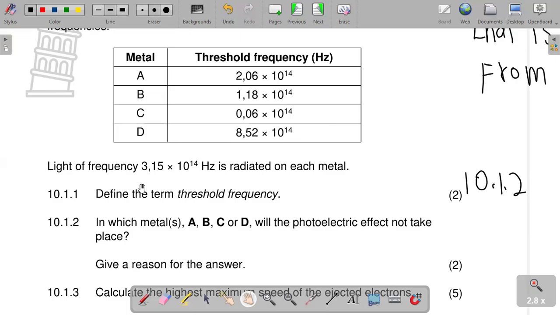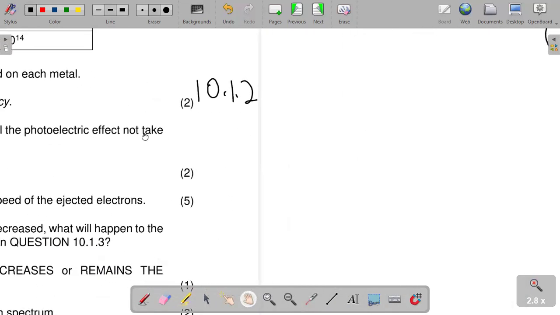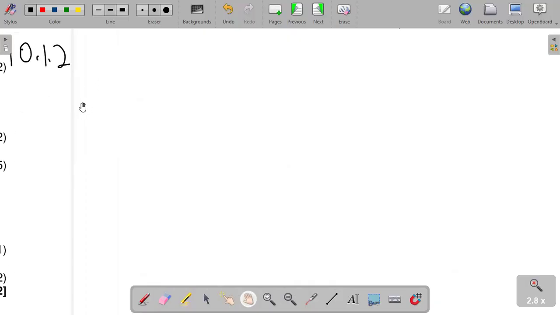So we have to see where the threshold frequency is bigger than the frequency of light. We can see that 3.15 is bigger than all of these numbers from A until C, but it is smaller than D. So it's going to be D.